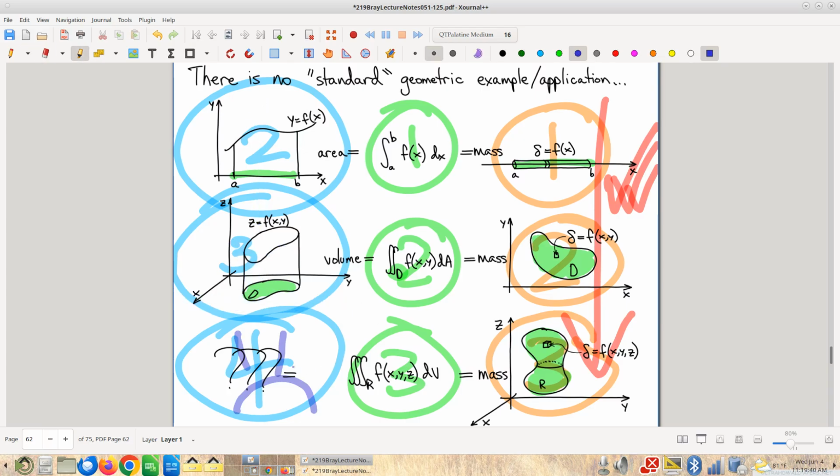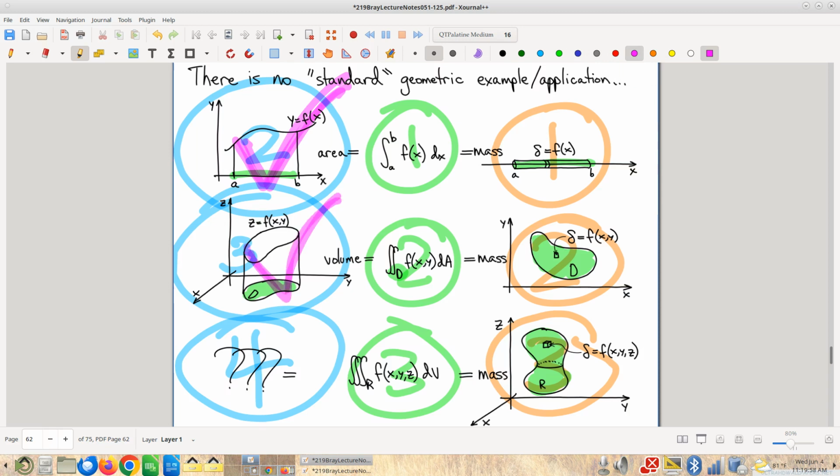Now here's the last thing I'll say about this, and this is kind of a warning, FYI, a heads up. It is not unheard of for students to say, all right, I choose this picture for single variable integrals, and then this picture for double integrals, and then, lack of options, this picture for triple integrals.